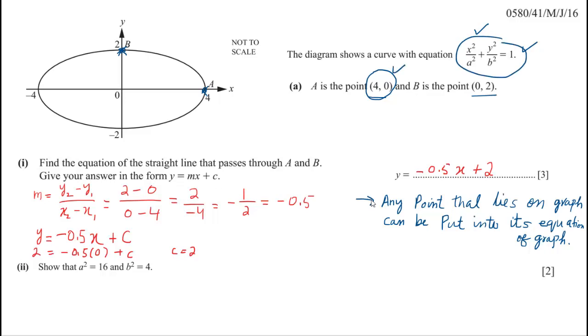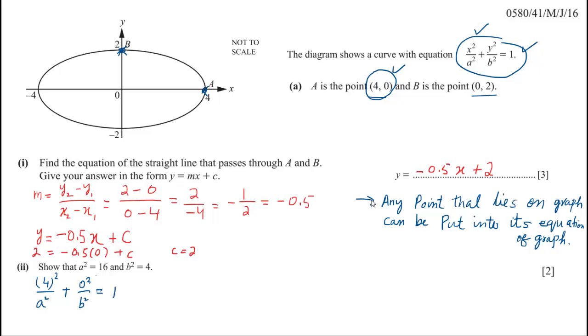So x is 4. So 4 square over a square, and y is 0. So 0 square over b square is equal to 1.